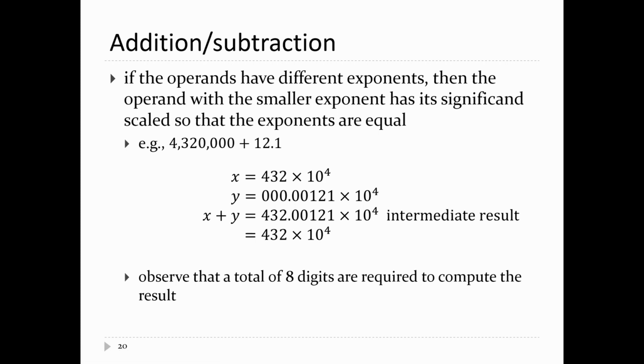And now you can see right away there's a problem. I get 000.00121. Now remember, on my computer, I've only got 3 digits in the significand. So what happens when I add these two values? Well, I get 432.00121 times 10 to the 4. Round that value, and you get 432 times 10 to the 4.